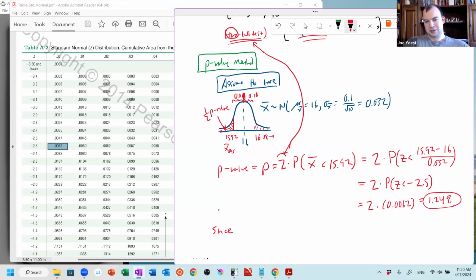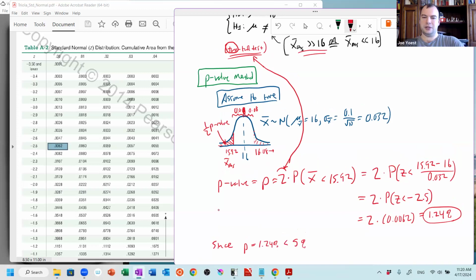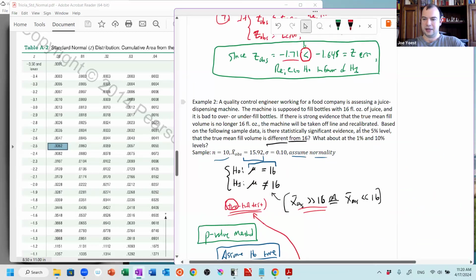I can say since my p-value 1.24% is less than, remember our significance level was given as 5% up here.